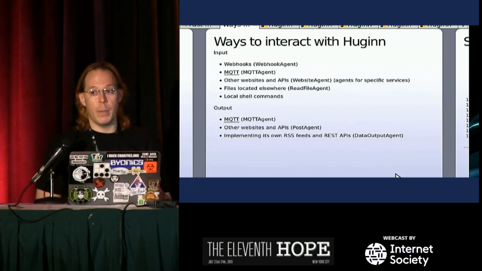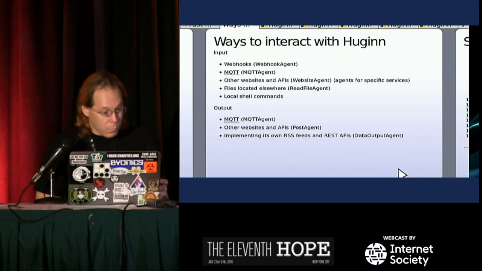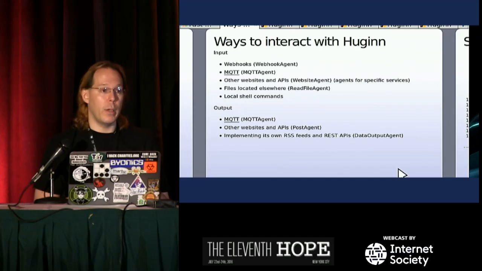It can read from and write to MQTT message queues that it's subscribed to. There's a website agent which lets you interact with other websites and APIs, and there are also many different agents for specific services like Trello, Weather Underground, a couple of flight booking services, things like that.